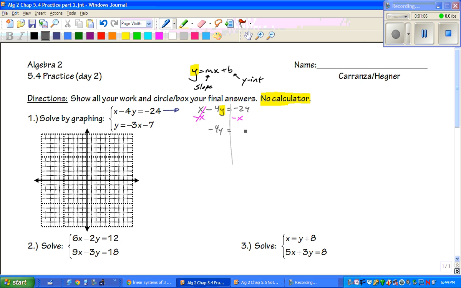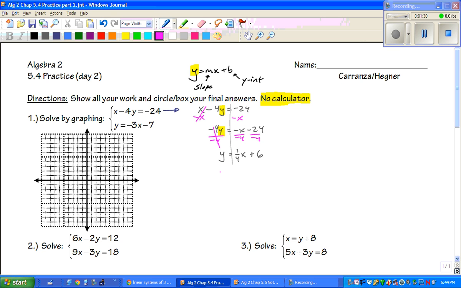We get negative 4y equals negative x minus 24. Now the y is not by itself yet, so we have to divide again, and make sure to divide everything by negative 4. We get y equals 1/4 x plus 6.